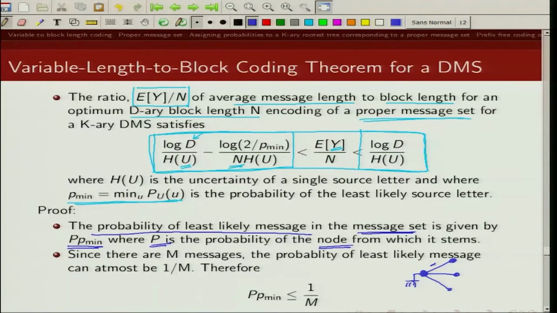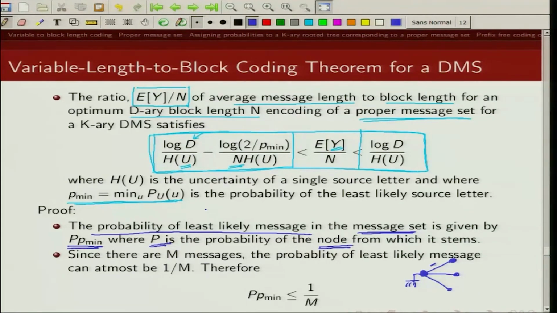So the claim I am making is that the probability of the least likely message, which corresponds to a leaf in a message set, is given by P times P min, where P is the probability of the node from which it stems and P min is the probability of the least likely source letter.